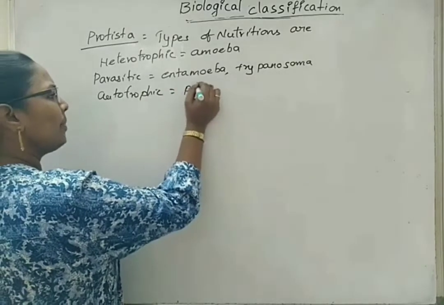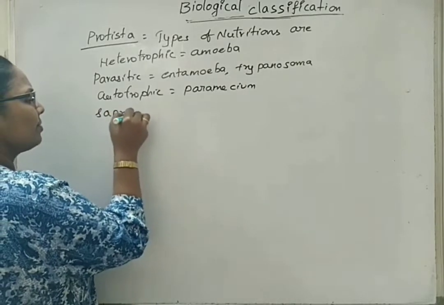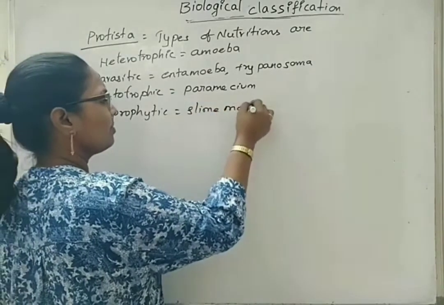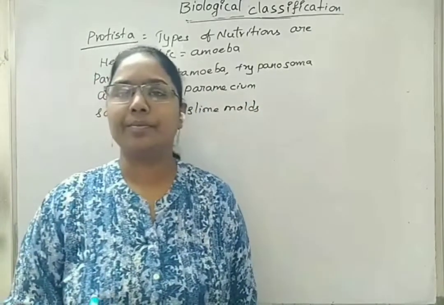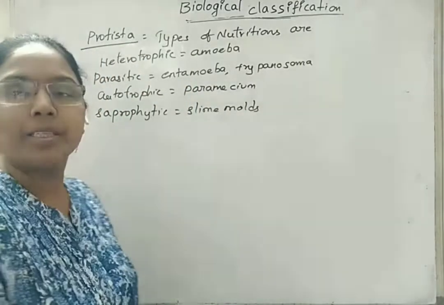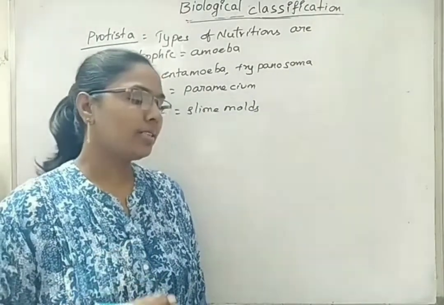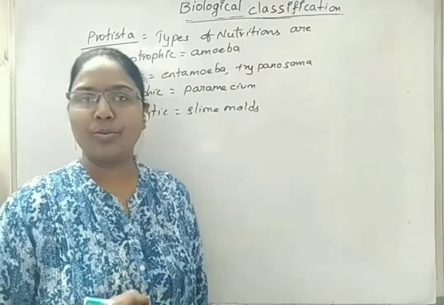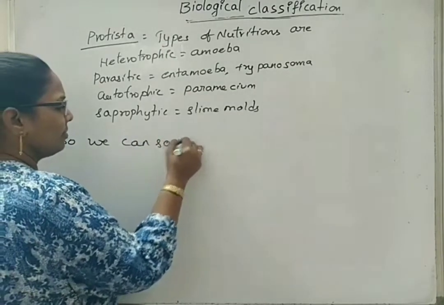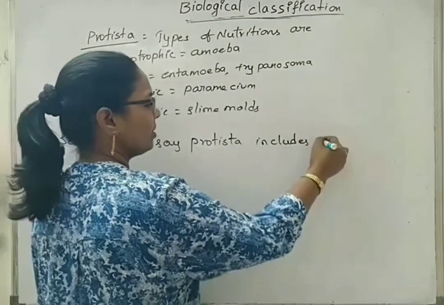Here we can see example Paramecium. And also saprophytic. Example we see slime molds. Since in one group of Whittaker's 5 kingdom classification, we are seeing all different modes of nutrition, we can use a sentence here like that: Protista includes a nutritionally diverse group of organisms.